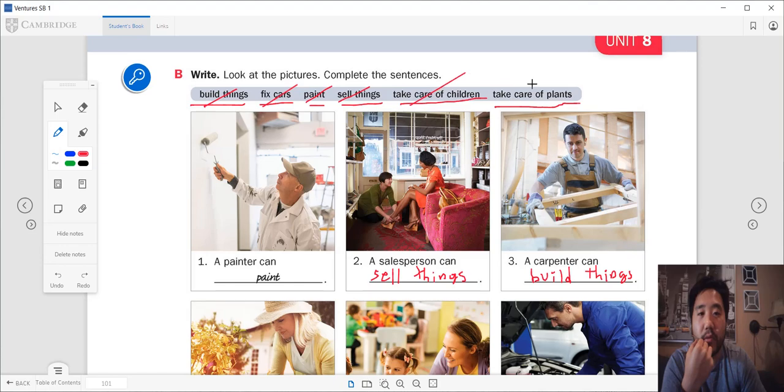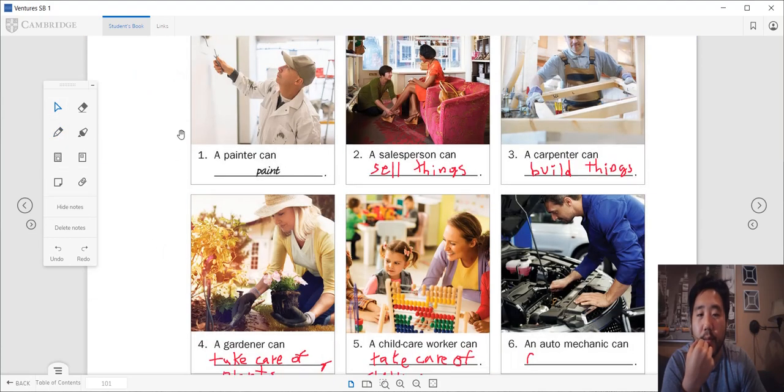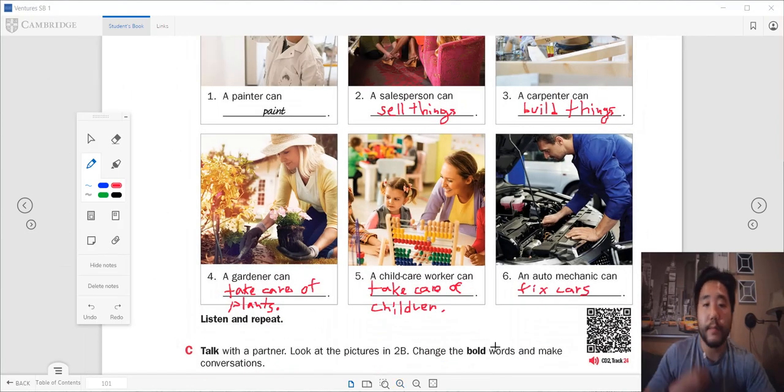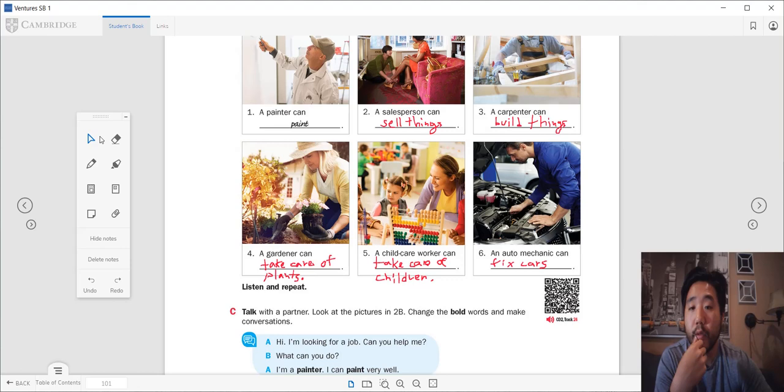So we go back. So for number 6, an auto mechanic can fix cars. That's what we have. And I'm going to read it.